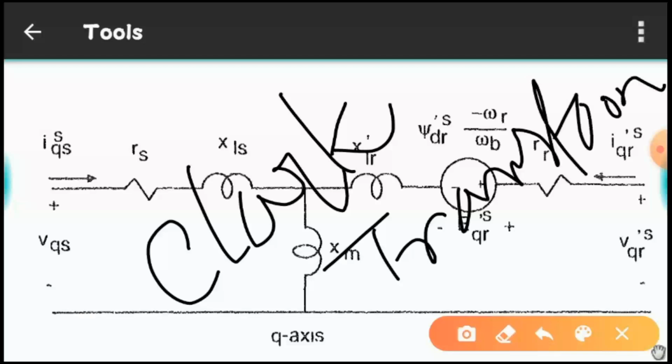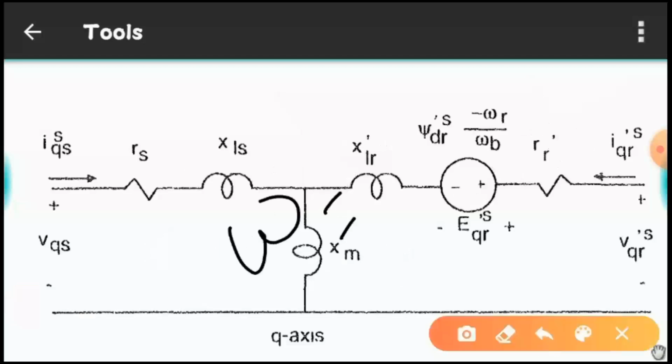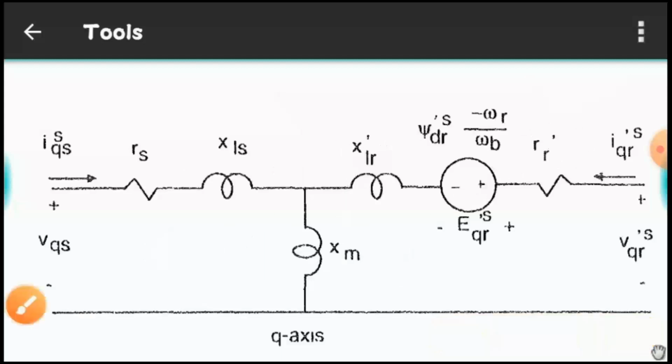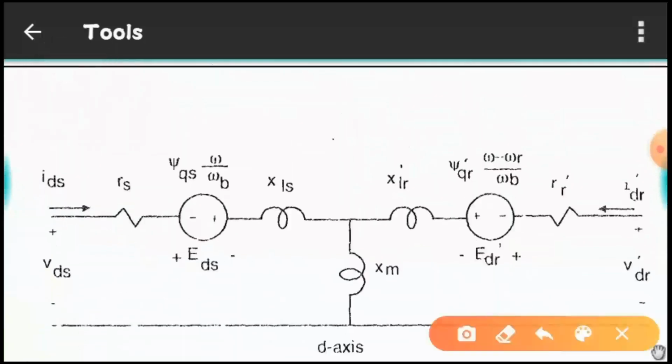So here your omega, the rotating reference frame speed, is 0. So you can see here that all the speed terms of your stator side are becoming 0.